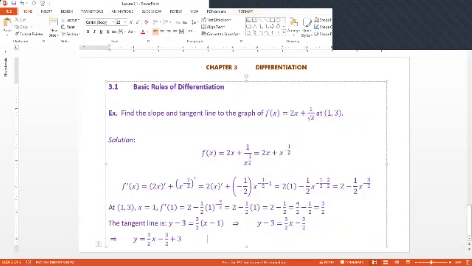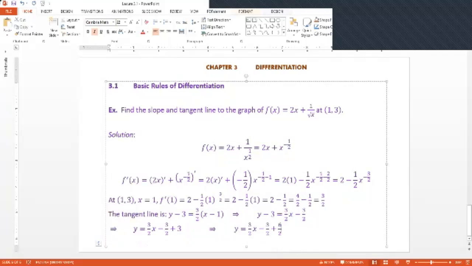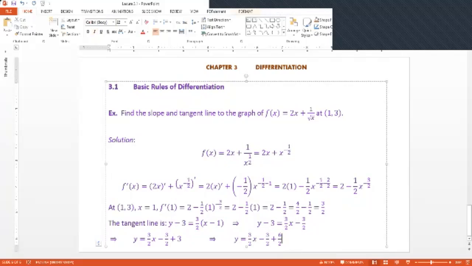So again, we need to combine -3/2 and 3. We're going to rewrite 3 as 6/2. We need to use the same denominator 2. All right, now we are almost done.